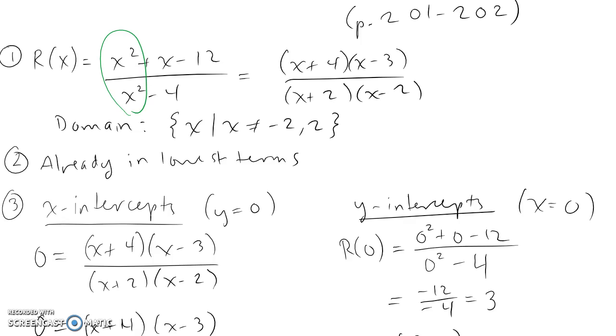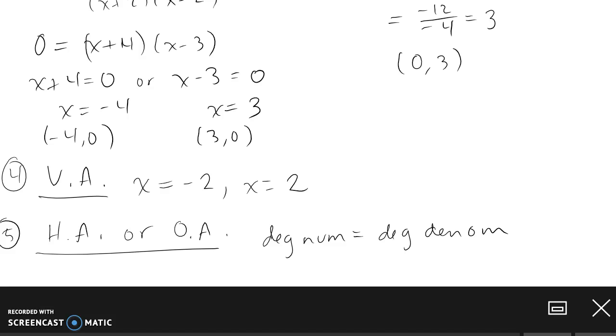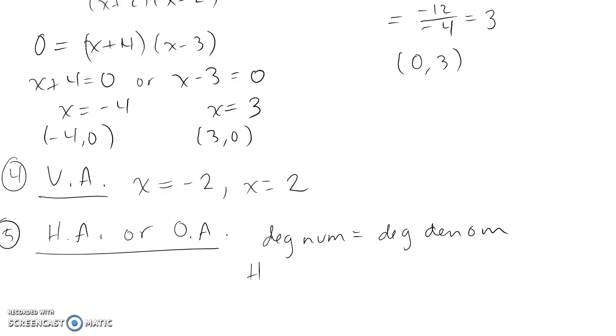So since the degree of the numerator equals the degree of the denominator, that means that the horizontal asymptote is the ratio of those leading coefficients, which is 1. Because both leading coefficients are 1. So 1 over 1 is 1. So we have y is equal to 1.